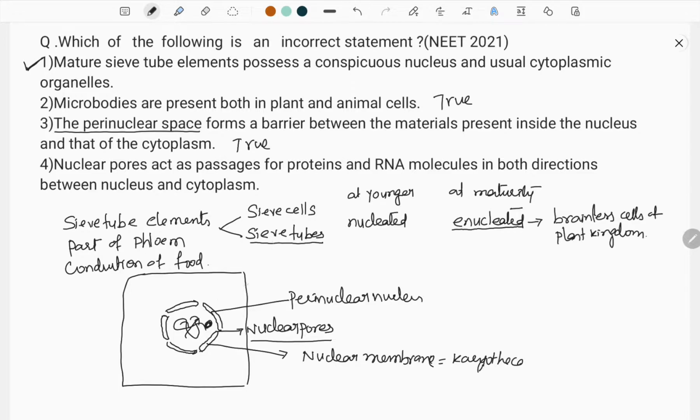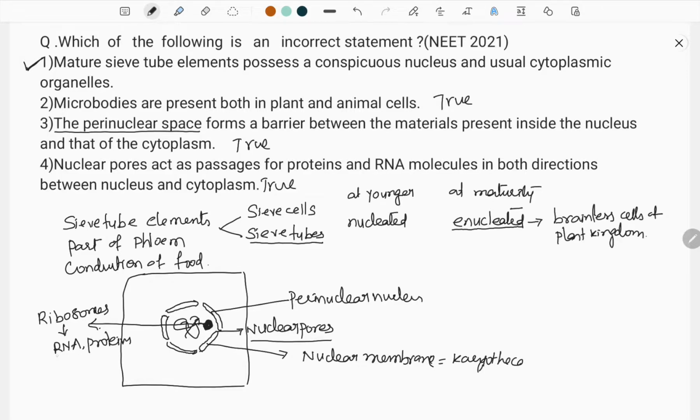How is this statement true? Inside the nucleus, the nucleolus is found. This part which I am darkening is called the nucleolus. This nucleolus mainly synthesizes RNA, and it synthesizes ribosomes. Ribosomes are made up of two parts: one is RNA, another is proteins.